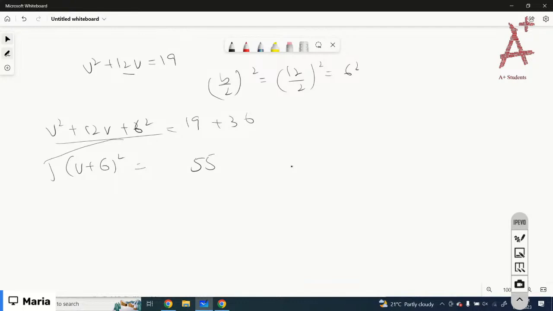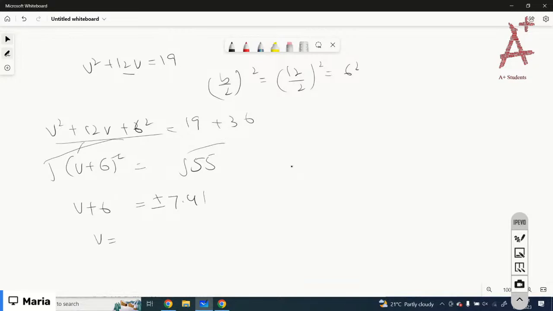Just square root both sides. The square and square root get cancelled out and you're left with v plus 6, and the square root of 55 equals 7.41. It would be v plus 6 equals plus minus 7.41.